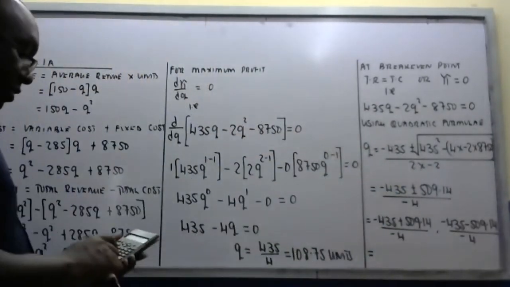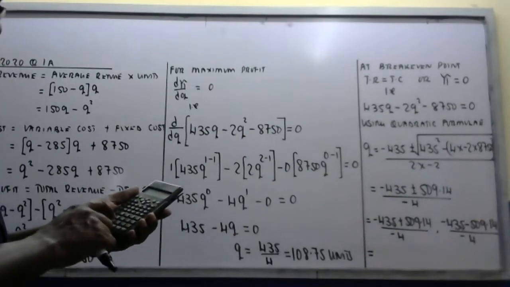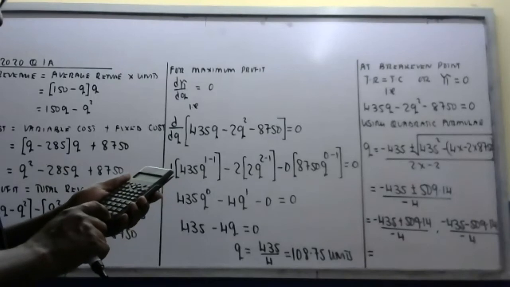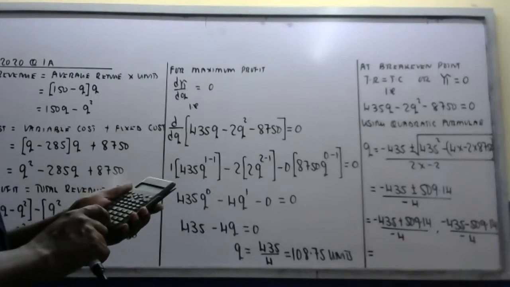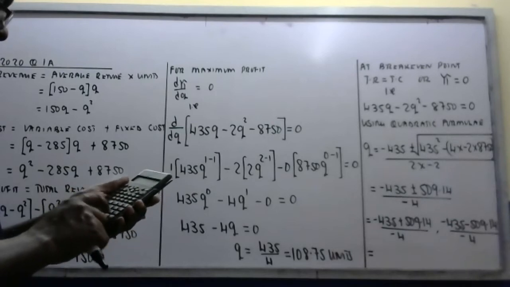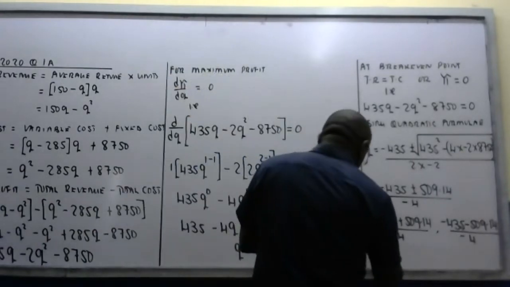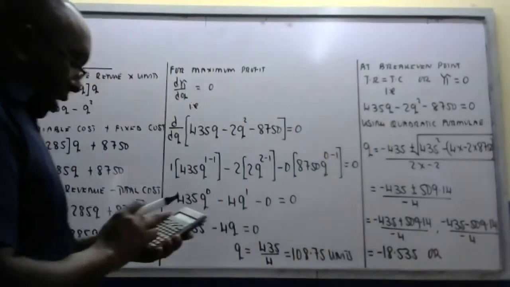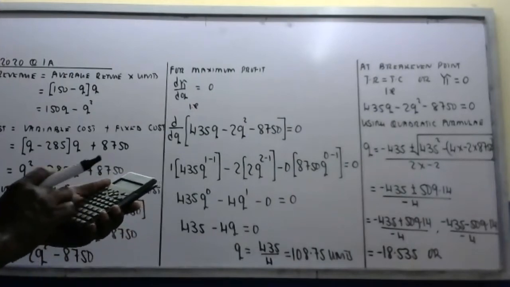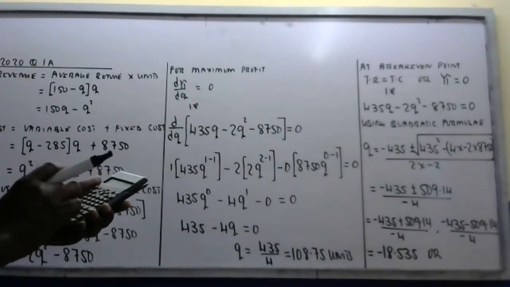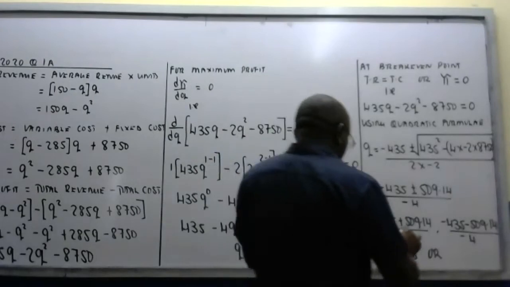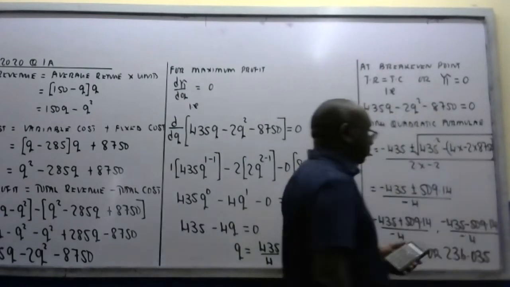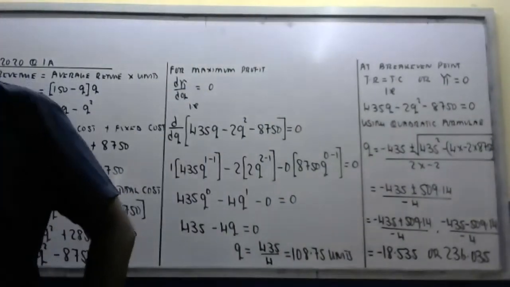So minus 435 plus 509.14 divided by minus 4, I'm getting minus 18.535, or minus 435 minus 509.14 divided by minus 4 is 236.035. So those are the answers that we should have.